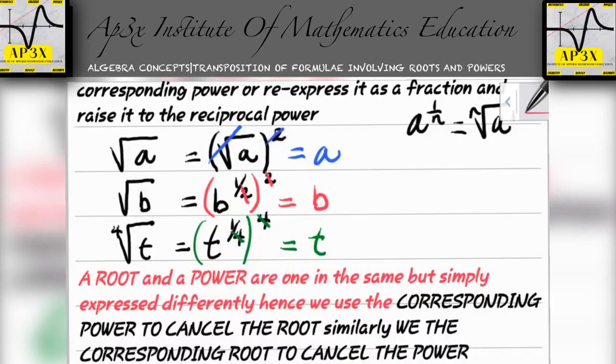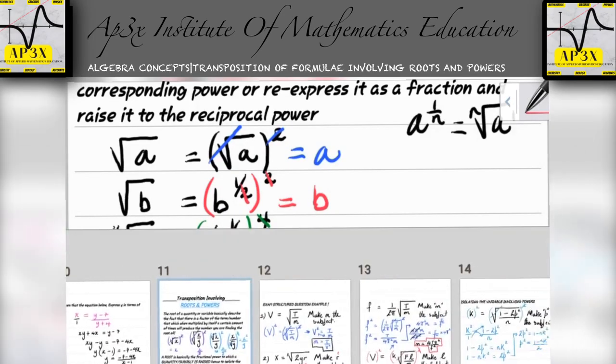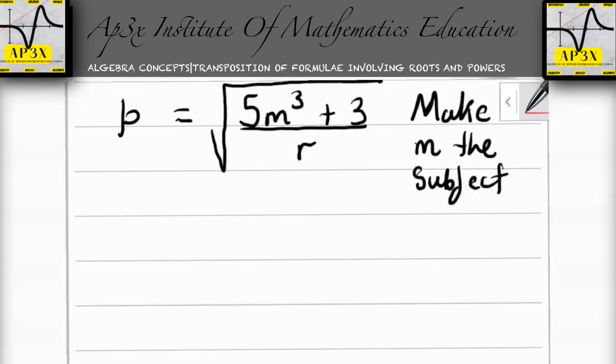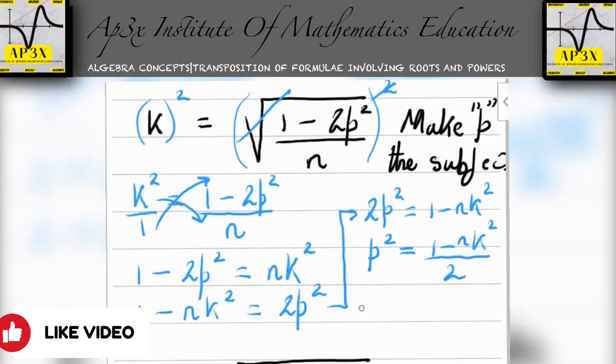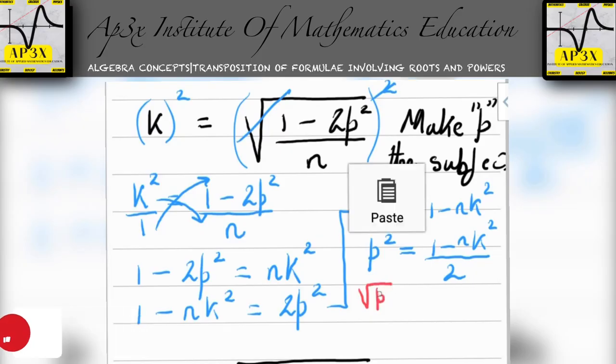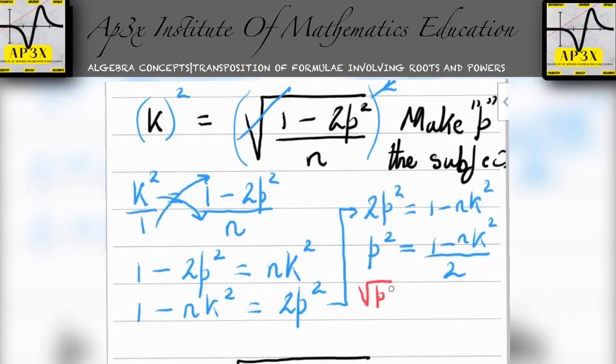So to remove the power, we're going to use the corresponding root. So by using the corresponding root, what we're looking at is in fact square rooting p squared. And of course, if you square root the left side of the equation, then we obviously have to square root the right side as well.